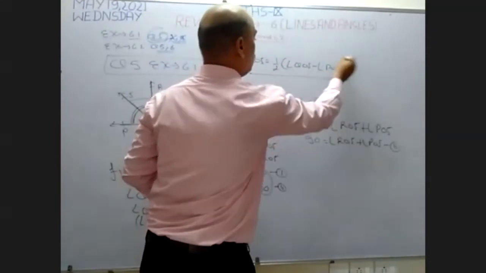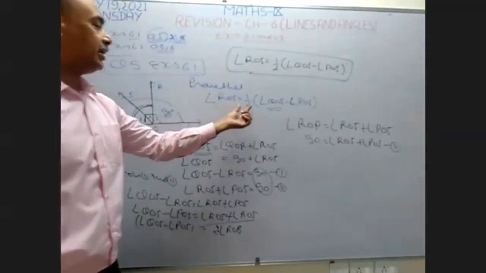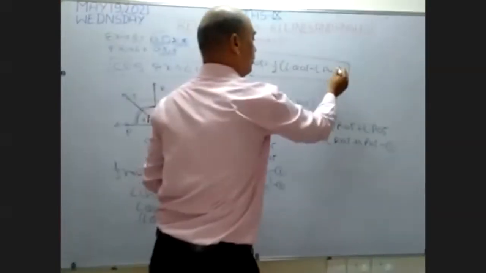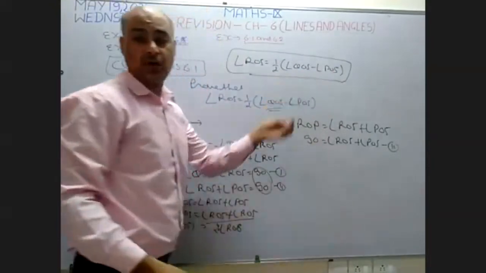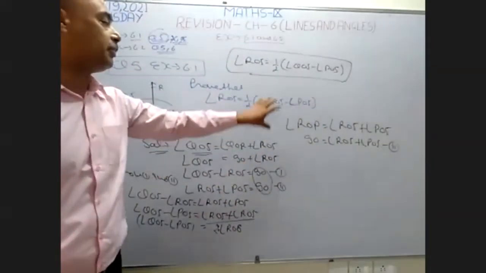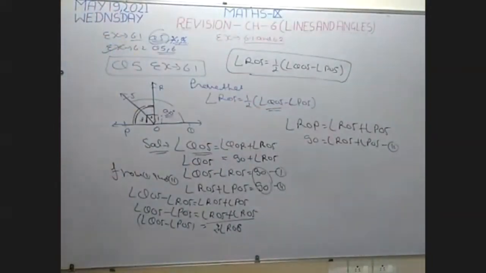This is what you have to do. Check what you have to do: angle ROS equals half of angle QOS minus POS. This is on your board. I hope it is clear now. Okay, beta. If you have any doubt, send me a message. I can repeat it. Otherwise, I will start the next exercise 6.2.